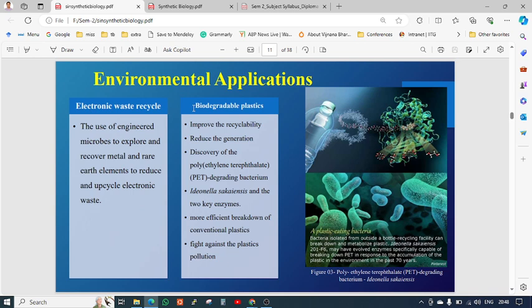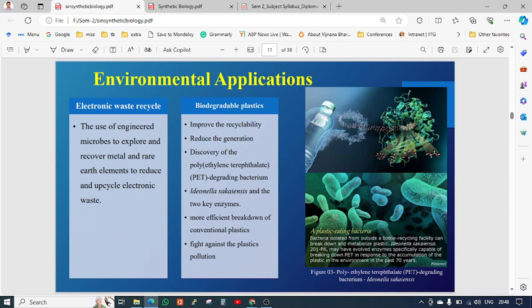Also, the second important aspect is plastic. Plastic is the main headache in our environment nowadays, because plastic is non-biodegradable. It remains in our soil for thousands of years.